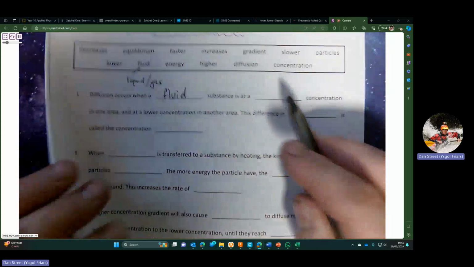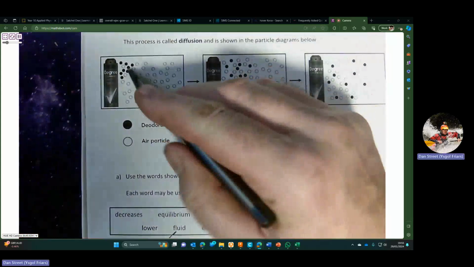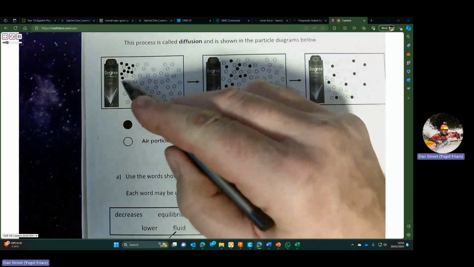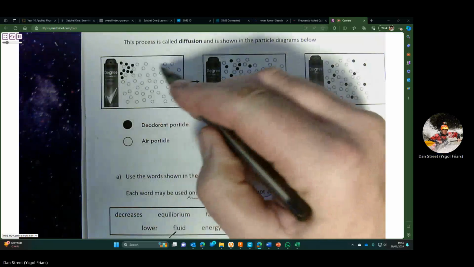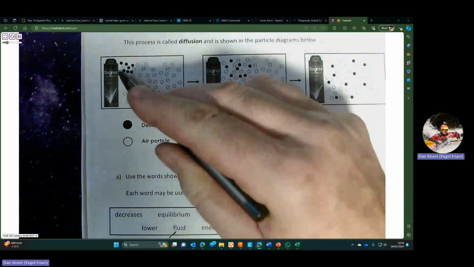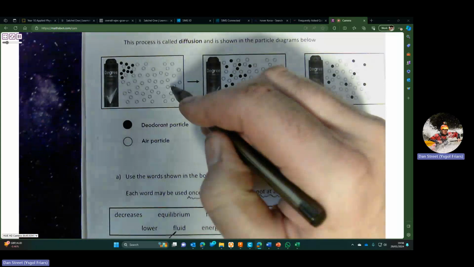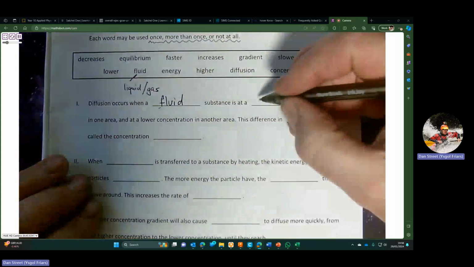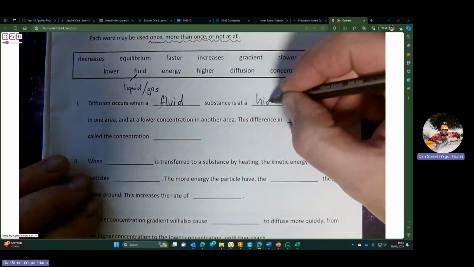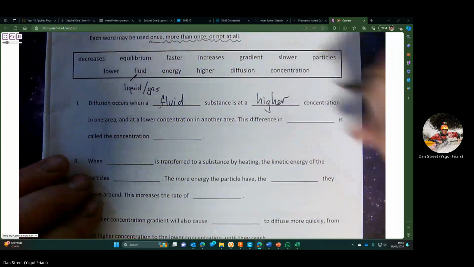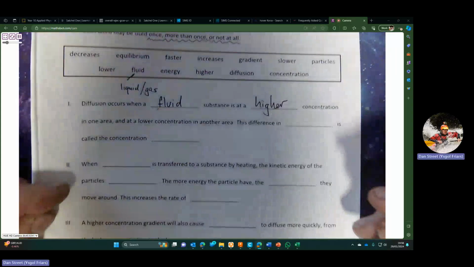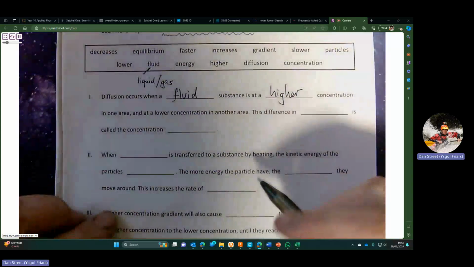If we go back to the diagram, the concentration of the deodorant, which is the fluid in this case, is very high over here, and it's very low over here. There's none there, so that's high concentration. This is low concentration. So it's at a higher concentration in one area and a lower concentration in another area.